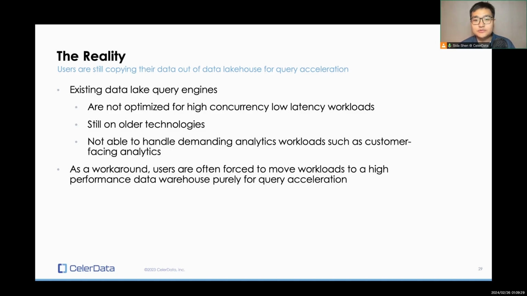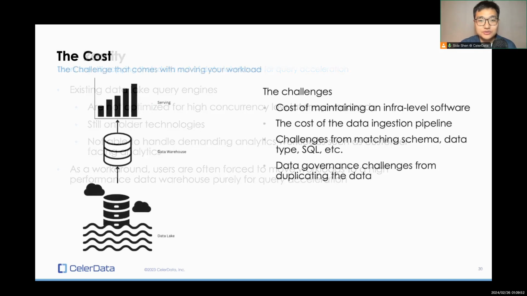They're not equipped with all of the crazy optimizations we can do with a modern query engine today, in 2024. Because they cannot really handle all of the workloads, as a workaround, users are still forced to move their workloads and the data to a high performance proprietary data warehouse purely for query acceleration reasons.